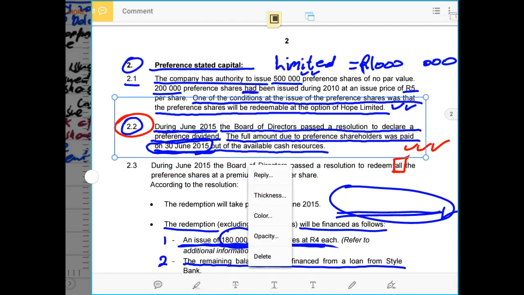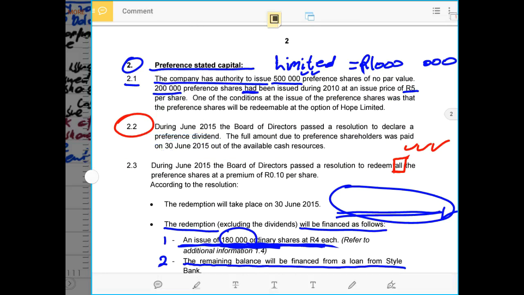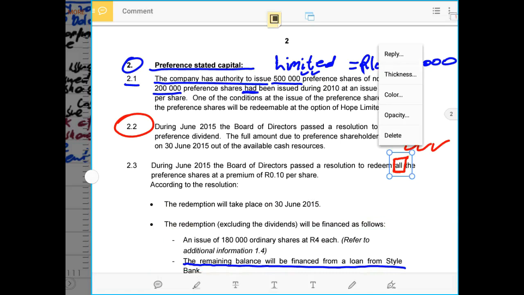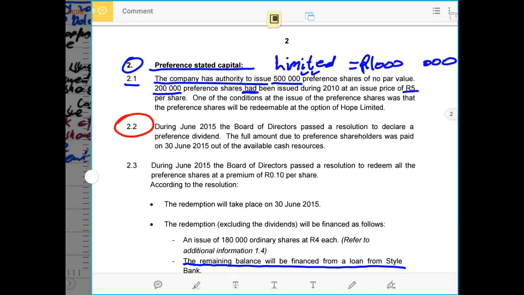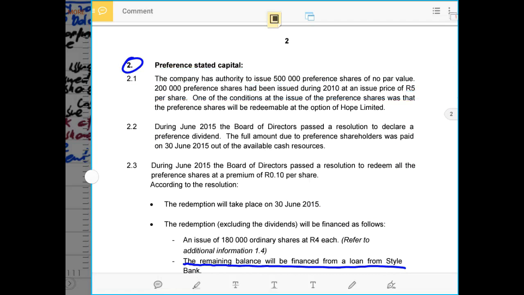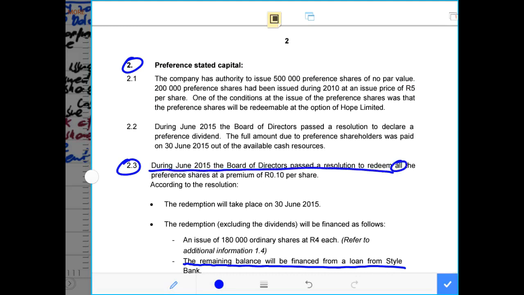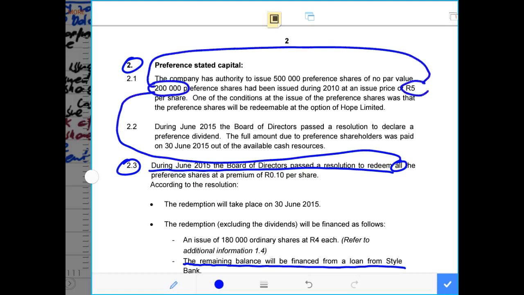The redemption in 2.3 is the one we are about to record now. The redemption of all the preferences is the full amount of the million and the premium of 20,000. The directors passed a resolution to redeem all of them, and all means all 200,000 shares which were issued at the price of 5 rand, and multiplied by 5 it gave us 1 million.